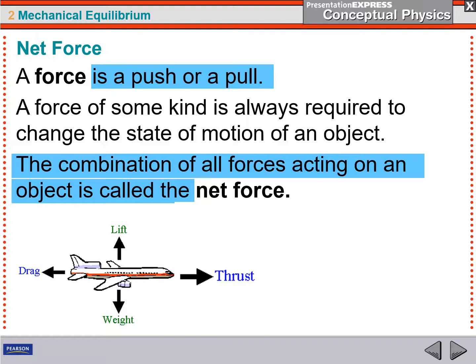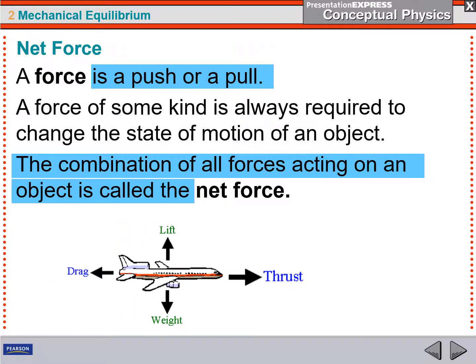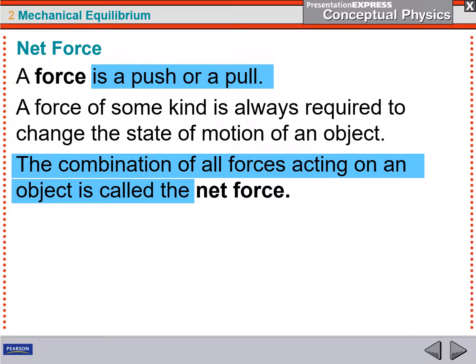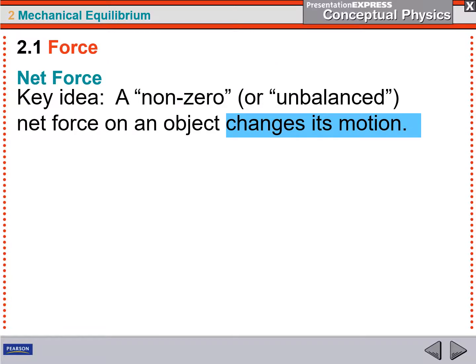If the thrust is greater than the drag, then the airplane will accelerate. If the thrust and the drag are equal, then the plane flies at a constant speed. So the key idea here is that a non-zero, or unbalanced, force is what causes an object to change its motion.